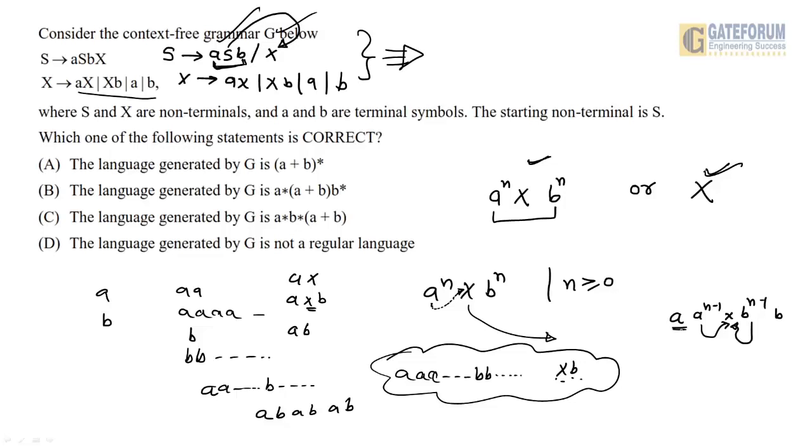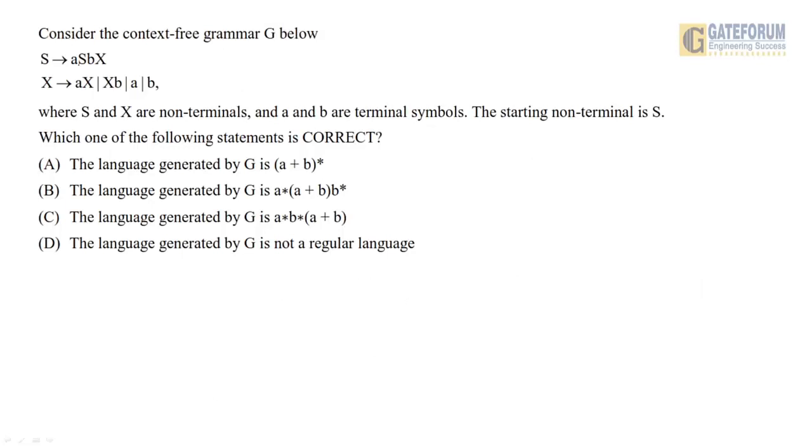Initially there is an A and after that there is an A, so we need to generate that string. Ultimately the string generated by this is going to start with A, it is compulsory.